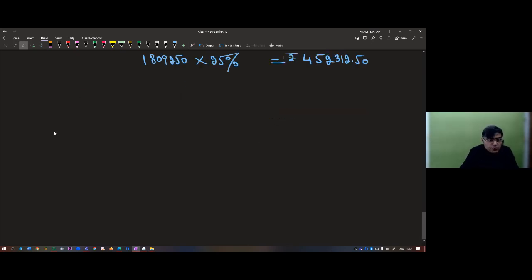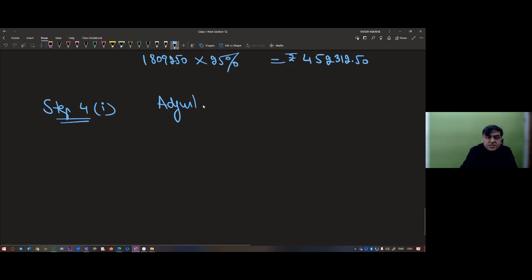Step number 4 is part 1. That is adjusted annual turnover.